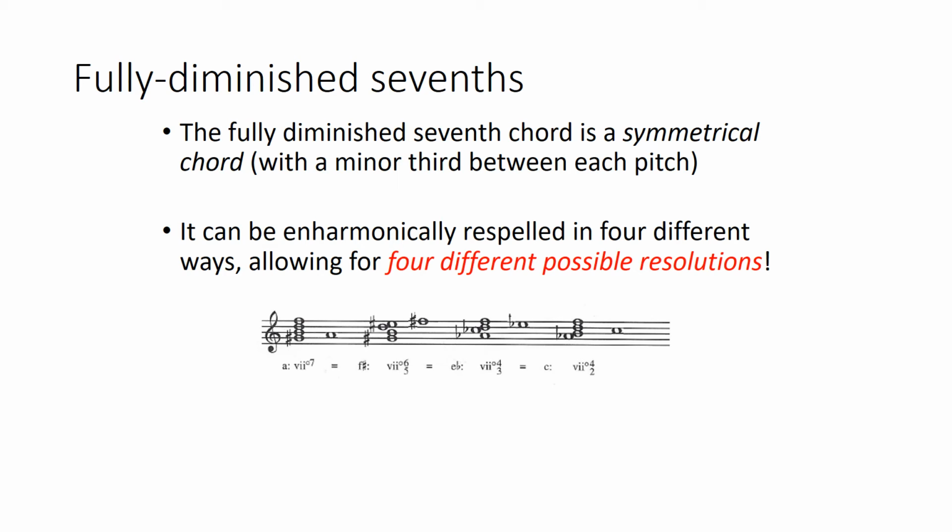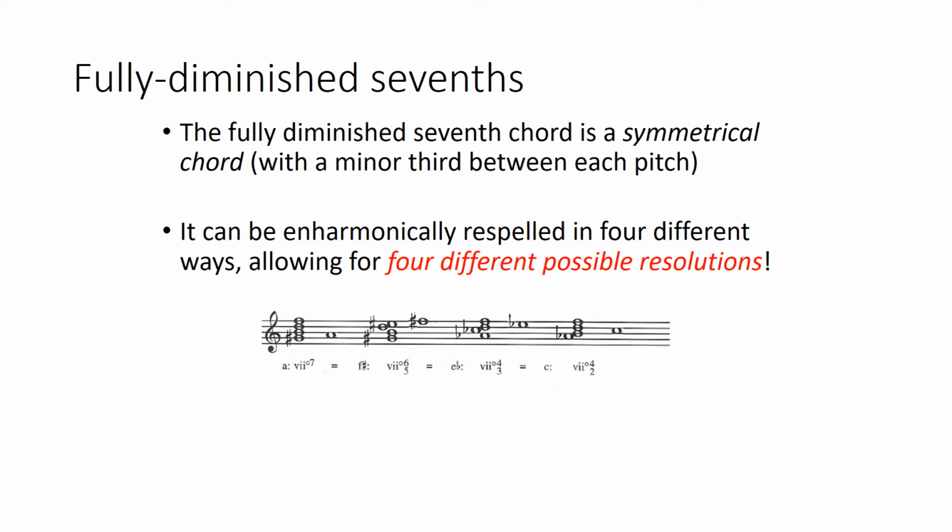So let's look at this chord that starts on G sharp here. All minor thirds, and the next one would be another G sharp, which is another minor third. If we spelled it that way, then it would resolve to A. Now, if we respelled it as G sharp, B, D, E sharp, now E sharp is the root, and it would resolve to F sharp, right? It would be the 7 diminished 6, 5 in the key of F sharp.